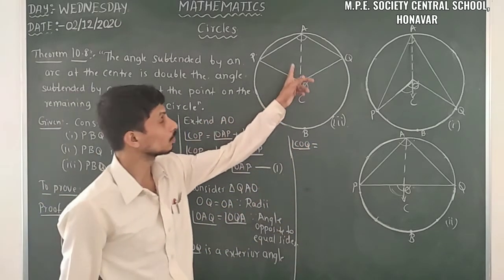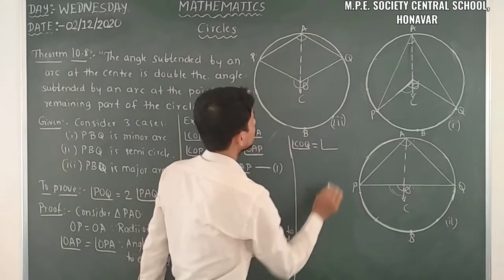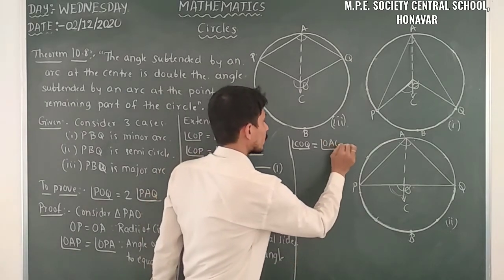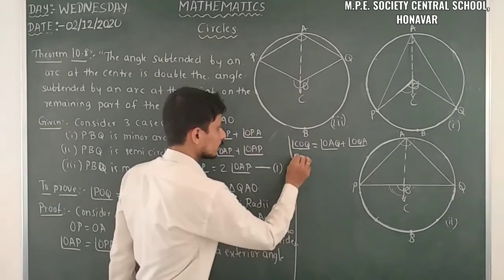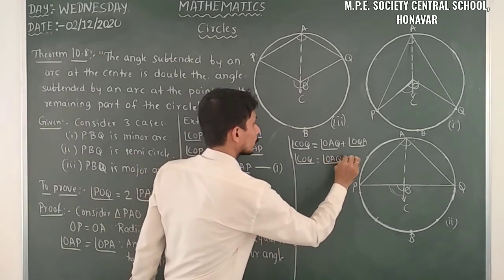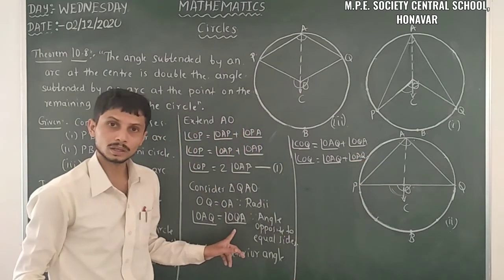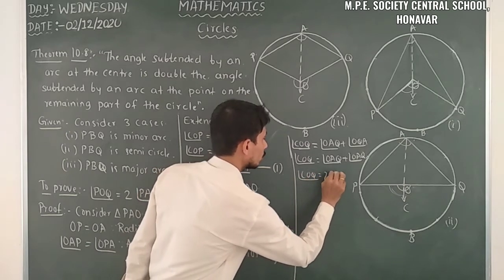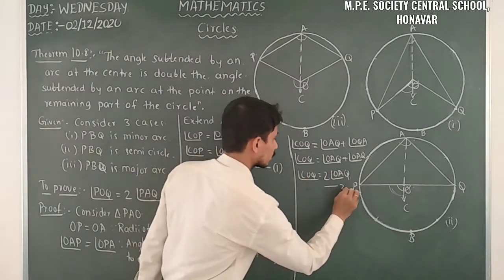Angle COQ is equal to the sum of the interior opposite angles, that is angle OAQ plus angle OQA. So angle COQ is equal to angle OAQ plus angle OAQ, because angle OAQ is equal to angle OQA. That is, angle COQ is equal to 2 into angle OAQ. I will take this as equation number 2.